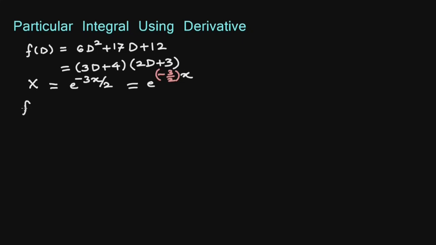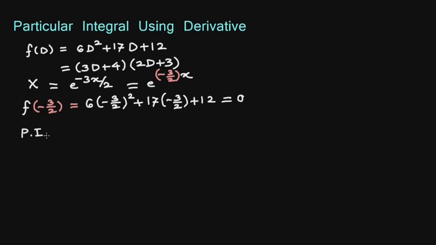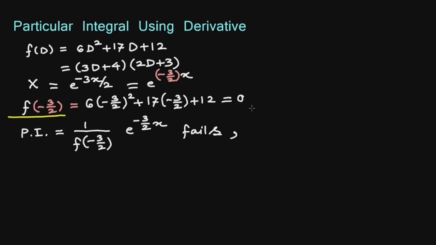Now f of minus 3 upon 2 will be 6 into (minus 3 upon 2) square plus 17 into (minus 3 upon 2) plus 12. That will be 0. I request you to calculate it yourself. It's easy. So the particular integral 1 upon f(minus 3 upon 2) e raised to minus 3 upon 2 x fails because f of minus 3 upon 2 is 0.